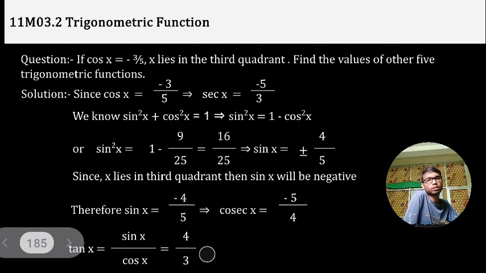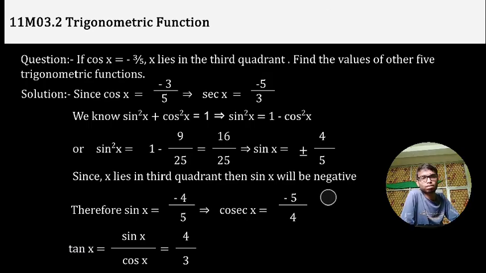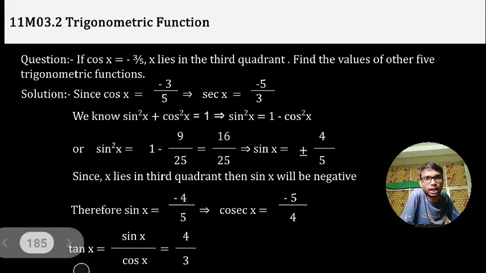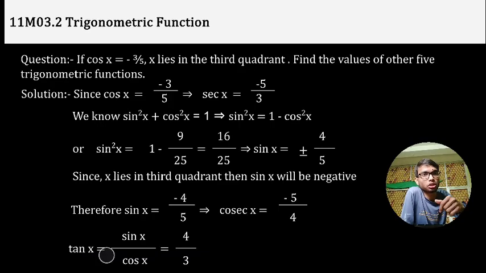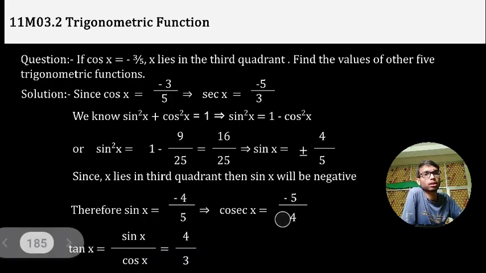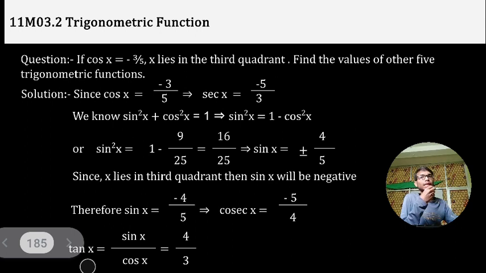So now we have tan x. Here x is in the third quadrant. We know that tan and cot are positive in the third quadrant. So here we are not using minus, we are using plus, because theta is in the third quadrant. If x is in the third quadrant, tan and cot will be positive.